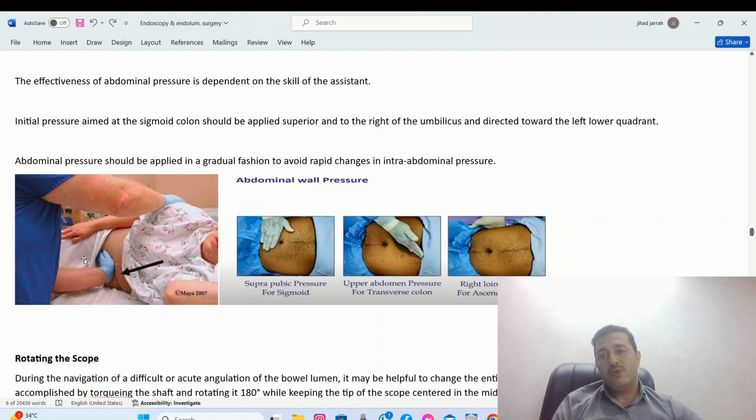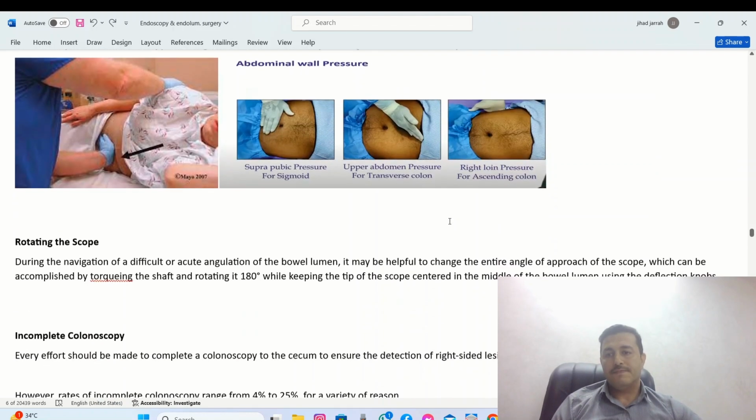This is the direction when we have an N loop or alpha loop in the sigmoid, and it's a suprapubic pressure for the sigmoid, and upper abdominal pressure if we are talking about the transverse colon.